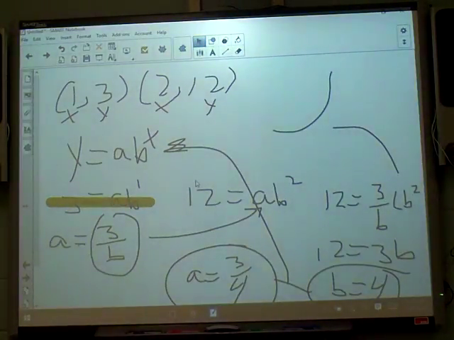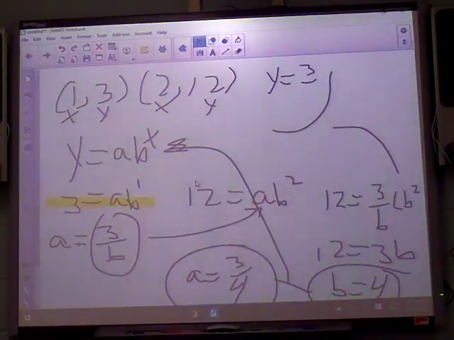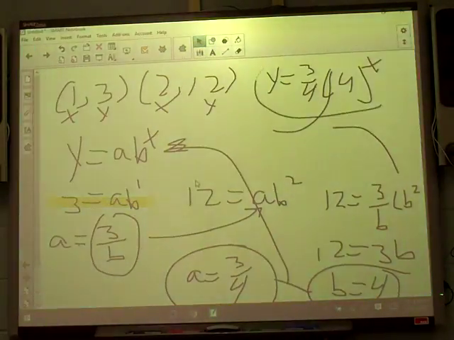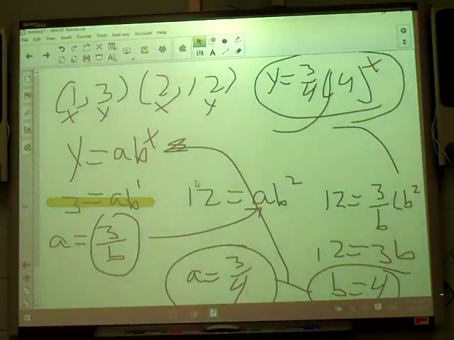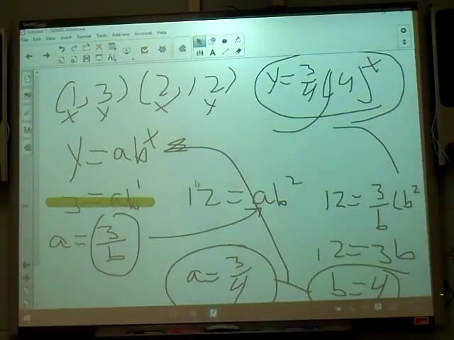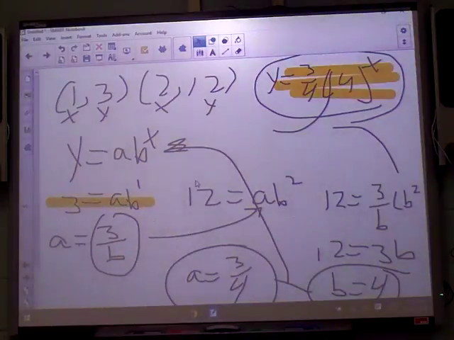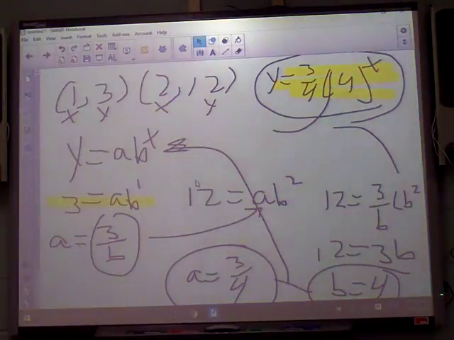So our final answer will say y equals 3/4 times 4 to the x. That's your equation. You wouldn't cancel out the 4? No, and that's a good idea, but the reason we can't is because the other 4 has the x on it.